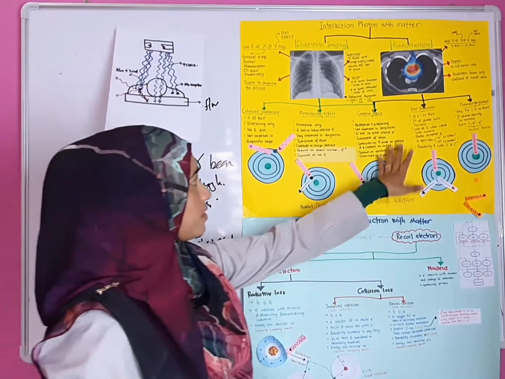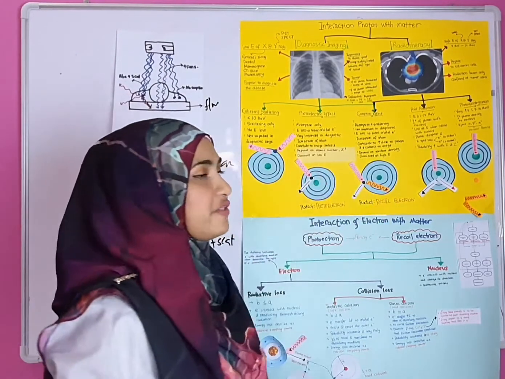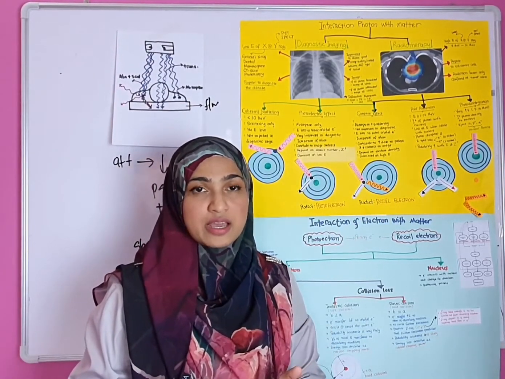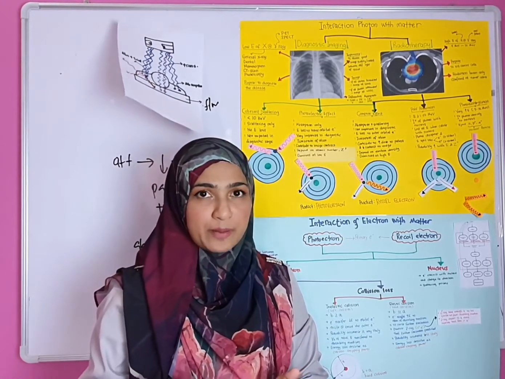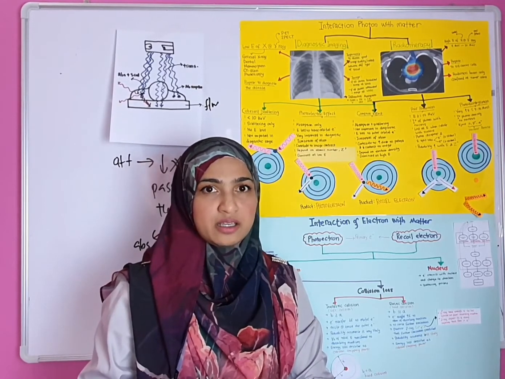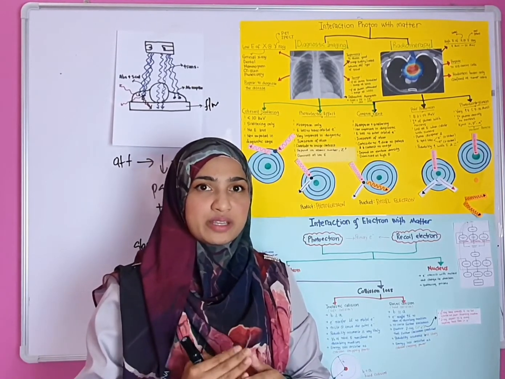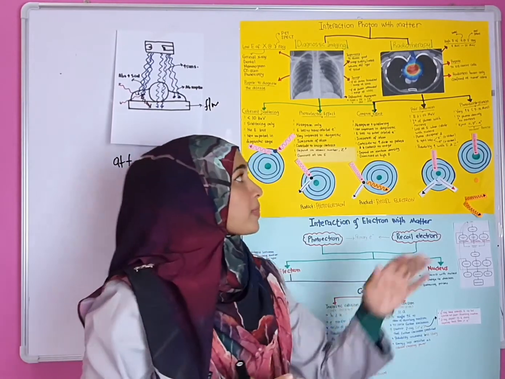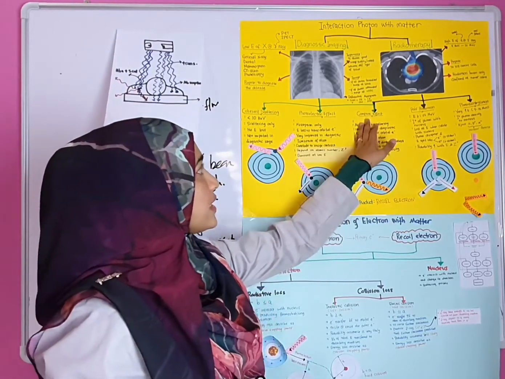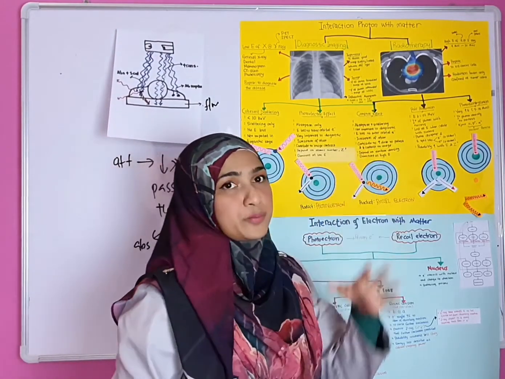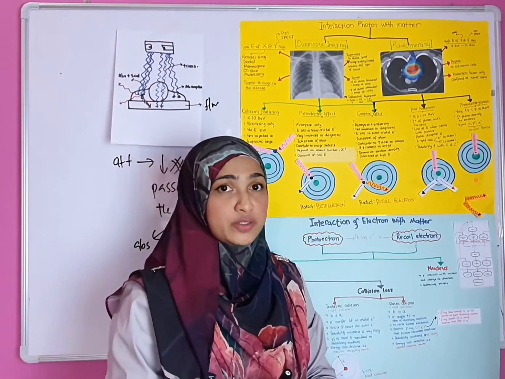For the Compton effect, one more thing you need to know is that it occurs in both diagnostics and therapy. But in diagnostics, it would be better if we could neglect the Compton effect. Of course, it also happens within the exposure. So this interaction is more important in therapy compared to diagnostics.